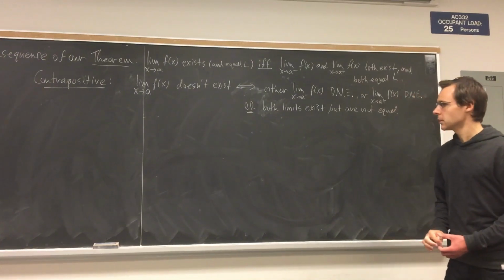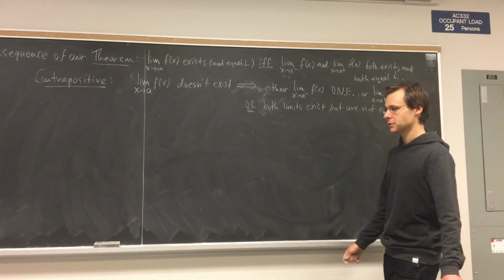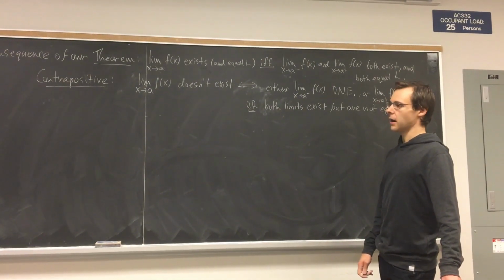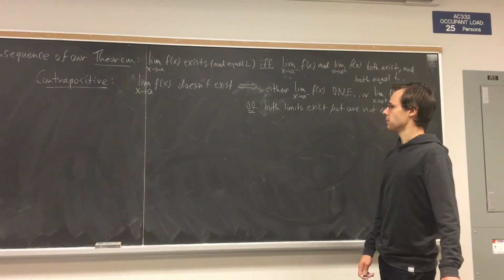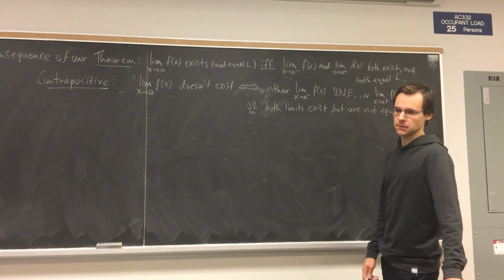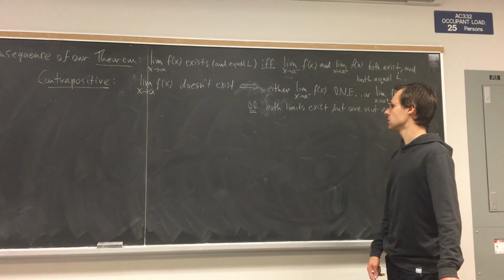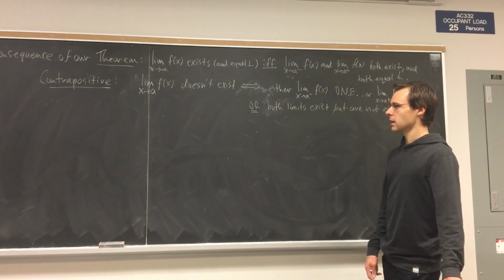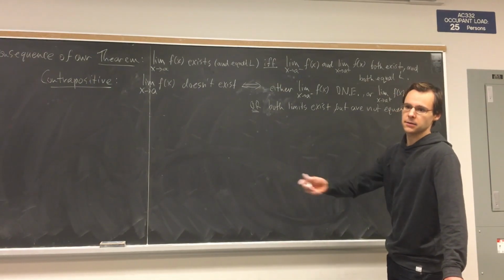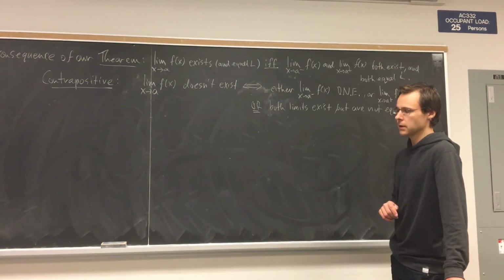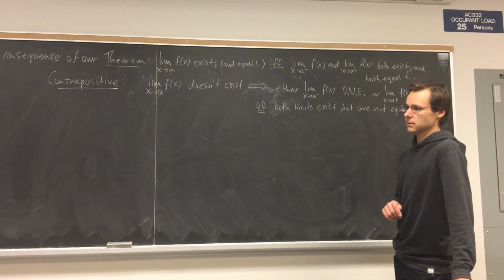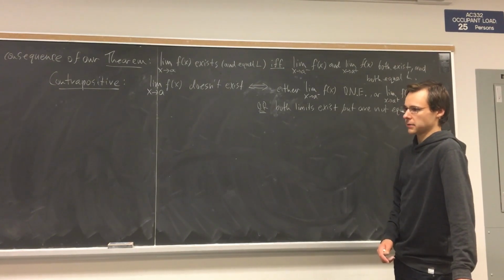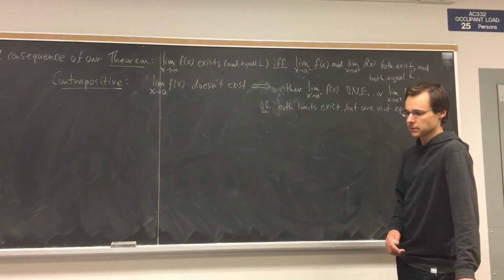Why is this useful? We'll see later. I'll make a video in the future which talks about proving that limits don't exist. Okay? And this will be a useful result to know, because if we want to show that some limit of a function doesn't exist, we either have to negate the formal epsilon delta definition and then show that the negation holds, or rather that the formal definition fails, okay?